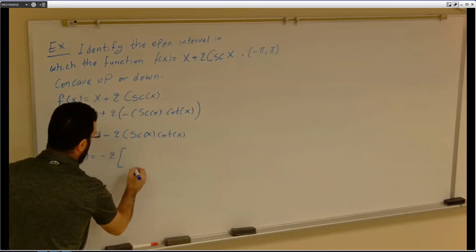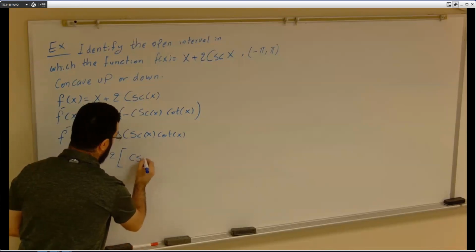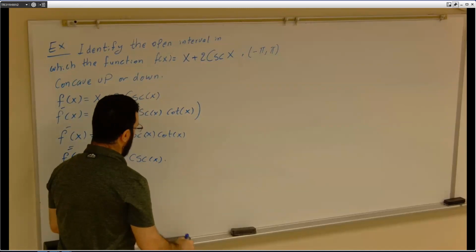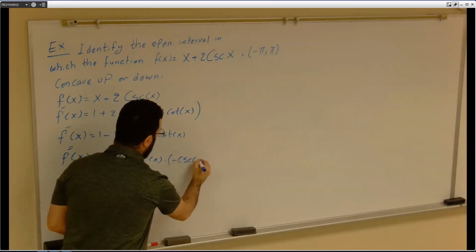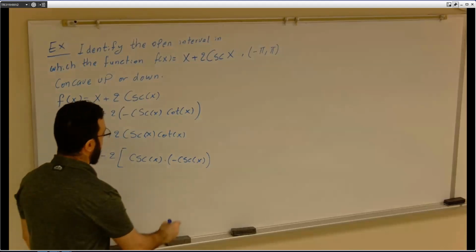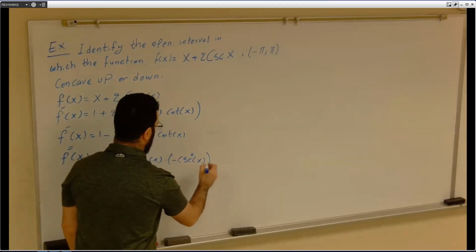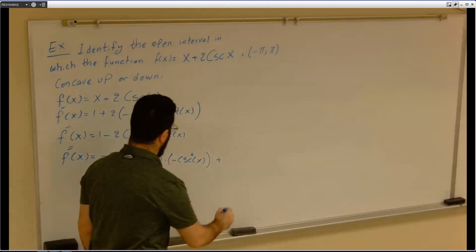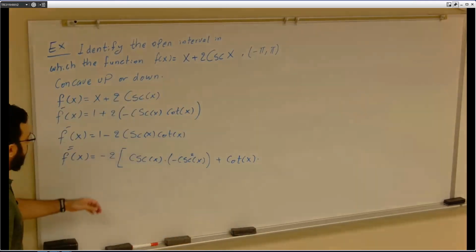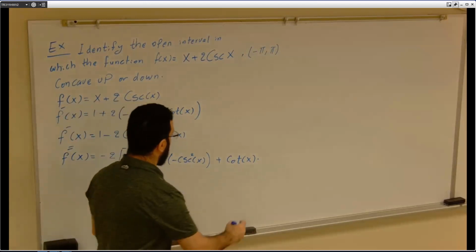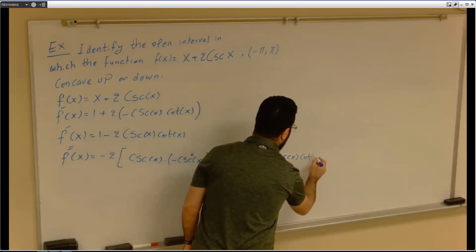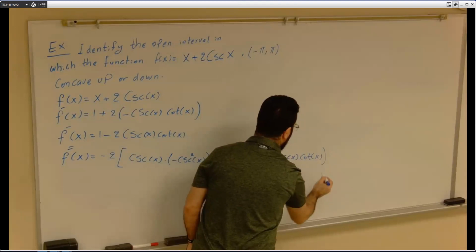So it's the first one, cosecant x, times the derivative of the cotangent, which is negative cosecant squared x, plus the second one, cotangent x, times the derivative of the first one, the cosecant, which is negative cosecant x cotangent x. See, that's when we need to find the derivative.